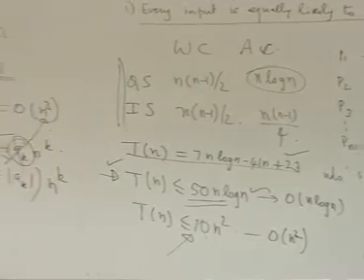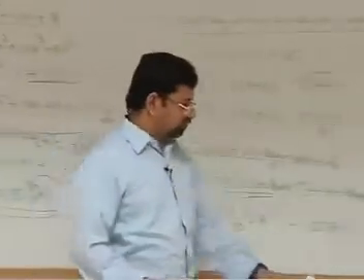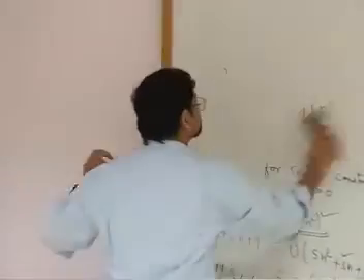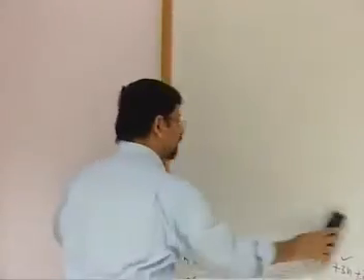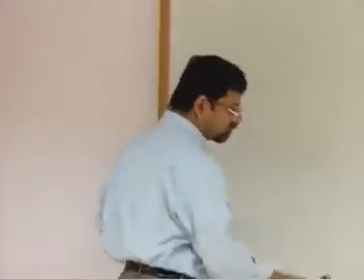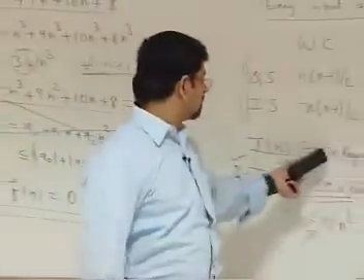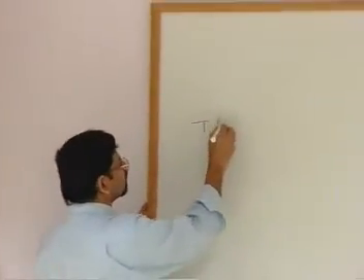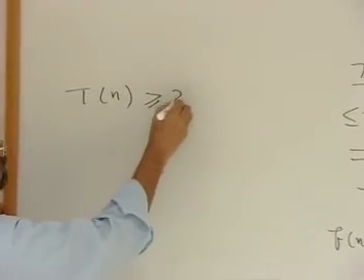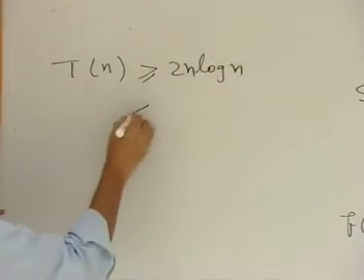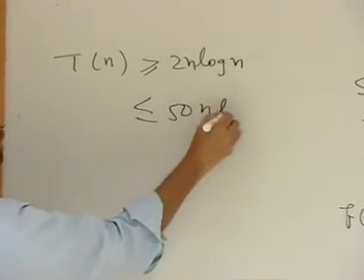If I am able to show the following, look at this, not only upper bound, even lower bound is also something like this. I don't know that function, T of n is very weird like this, but suppose I am able to show this, T of n is greater than or equal to 2 n log n, and T of n is less than or equal to 50 n log n.